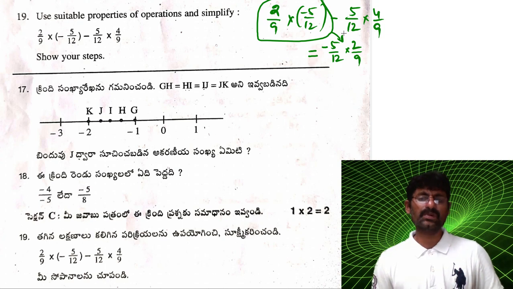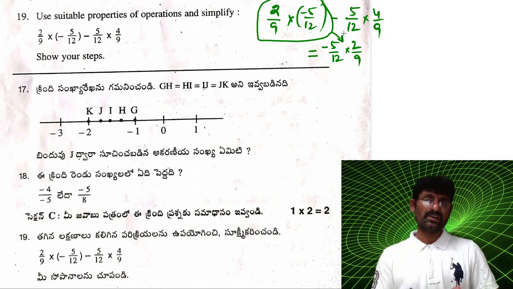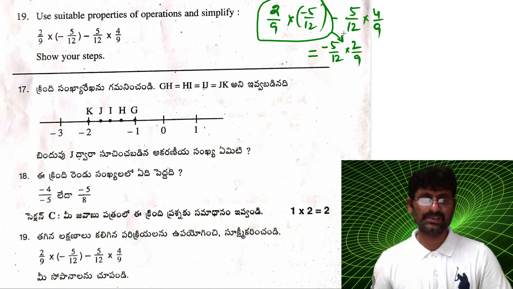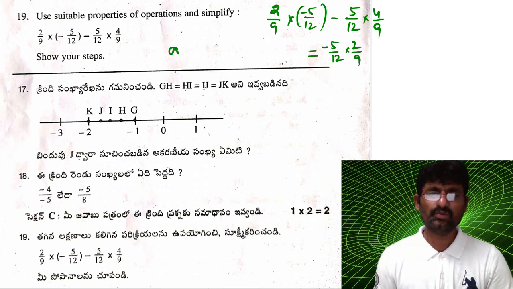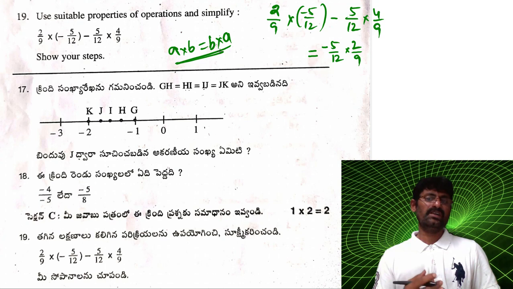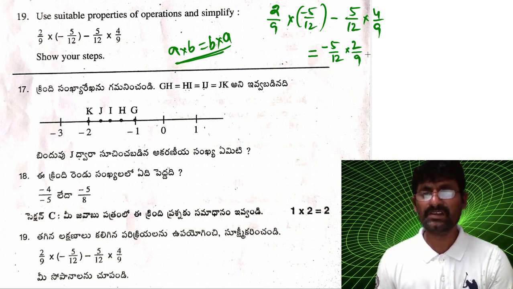What is this property? This property is called the commutative property of rational numbers under multiplication. A into B equals B into A. So I am writing like that.